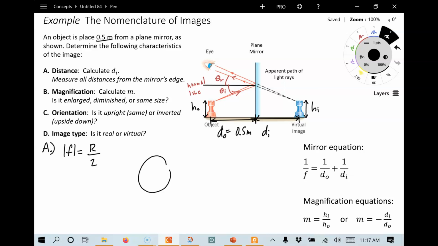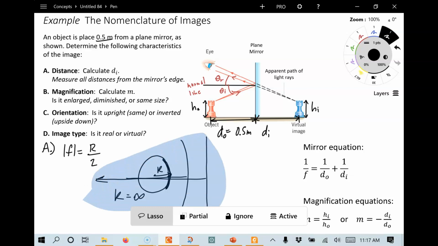Imagine you have a circle, and so here's your radius. It's from the center, and this is a portion of the mirror, right? It's curved. What if we start to get a bigger and bigger radius? Eventually, for a flat mirror, this radius for a plane mirror is going to be equal to infinity.